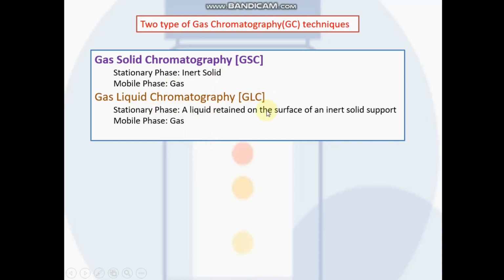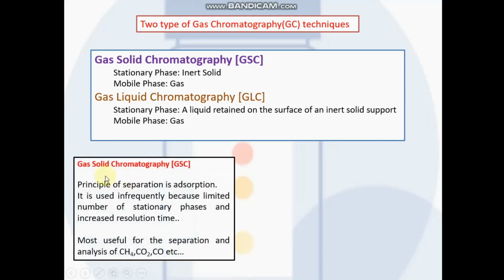In gas liquid chromatography, the stationary phase is a liquid retained on the surface of an inert solid support, and the mobile phase is a gas. The basic principle of gas chromatography is that the sample is vaporized by injection into a heated system, and after this the samples are eluted through a column by an inert gaseous mobile phase and the components are detected.